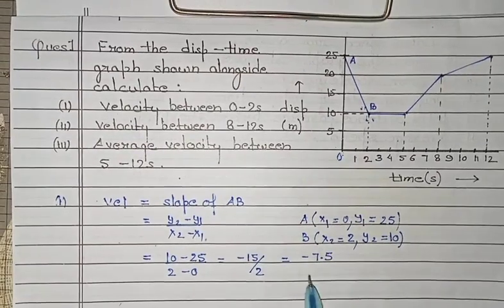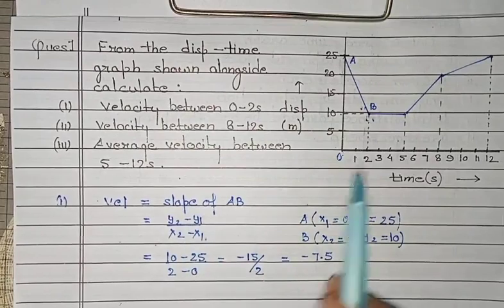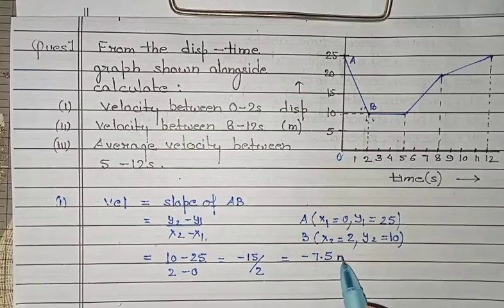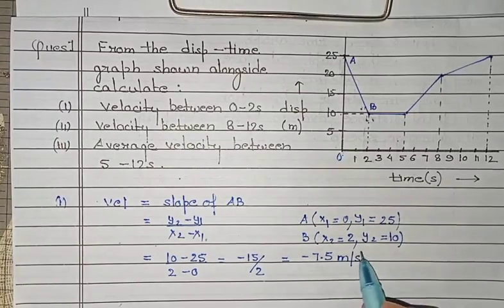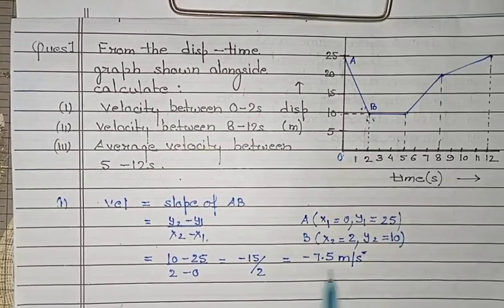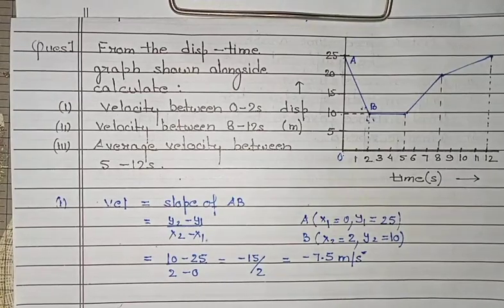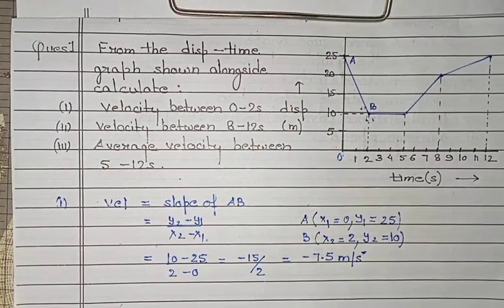So this will be the velocity in between time interval 0 to 2 seconds. Now here you can see velocity with negative sign indicates that the body is returning back towards the initial point.